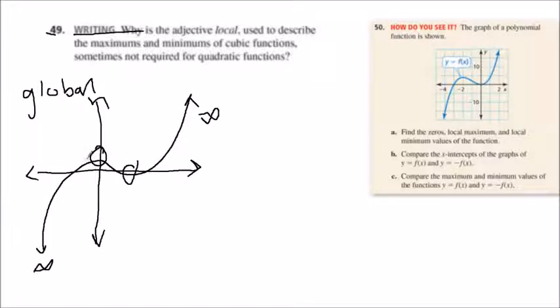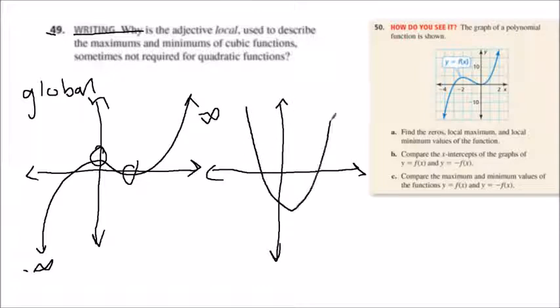If you look at your global maximums of cubic functions, or functions with an odd leading degree, it's going to be infinity and negative infinity. Whereas quadratics, you can use the global term because it's just going to be like this.